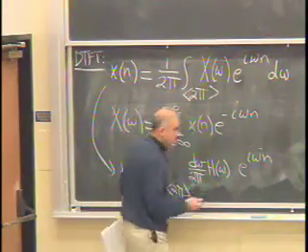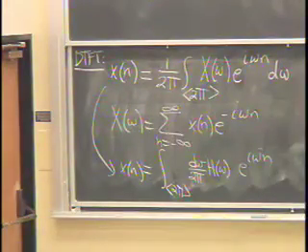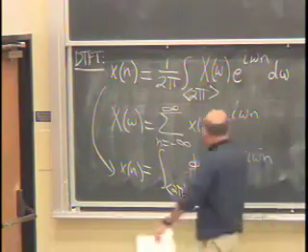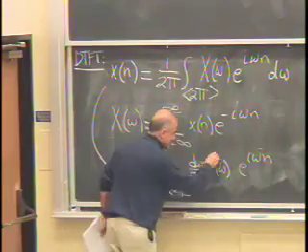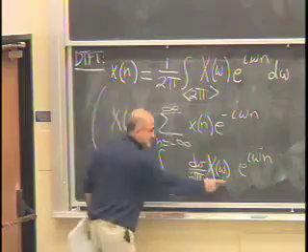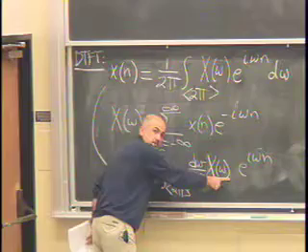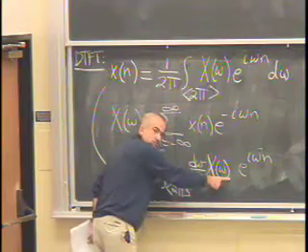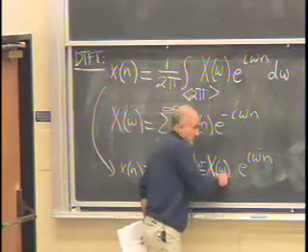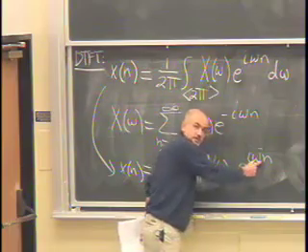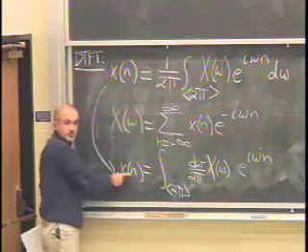So what distinguishes two distinct frequencies is the X of omega. What differs between any two frequencies is this X of omega. And that's what tells you how much of this frequency omega is present in this signal x.